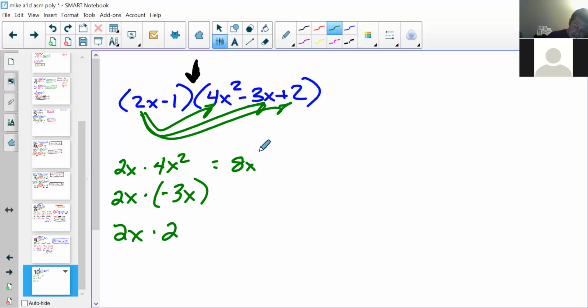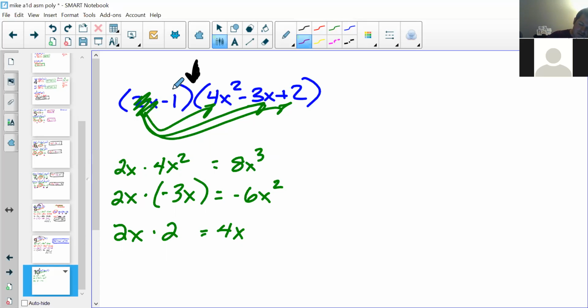And remember, again, it's not necessarily an absolute must that we have like terms here. So I can multiply all these items out here. I distributed the 2x to every single term in that second parenthesis. So I'm going to just scratch it out to remind myself that I'm done with using that 2x.